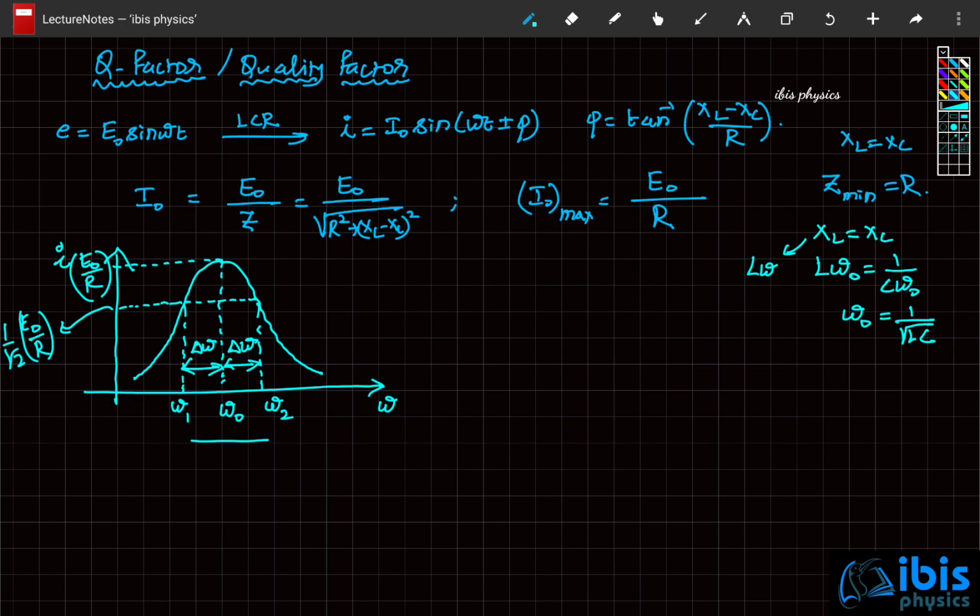So this total frequency difference, 2 times delta omega, is called the bandwidth.